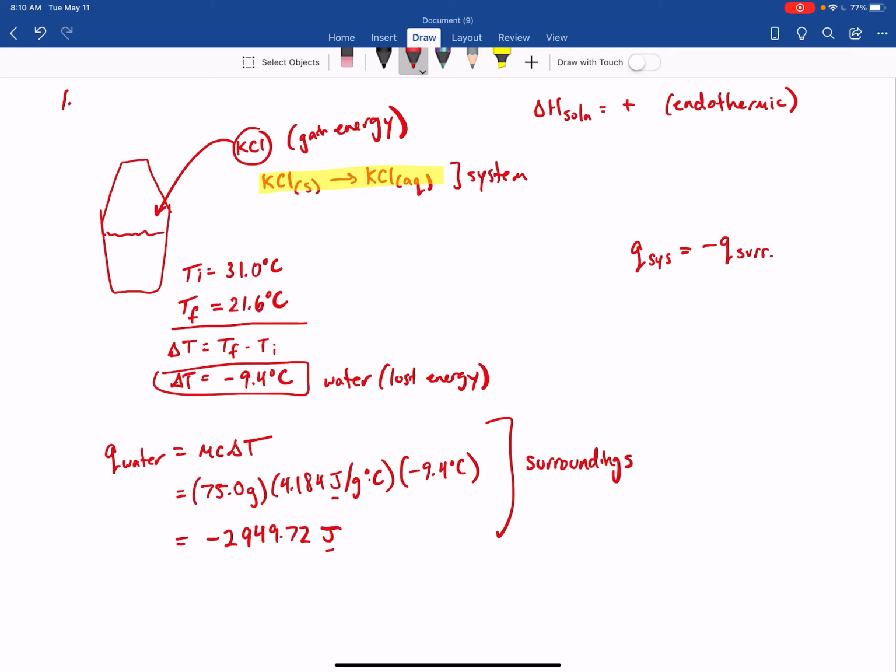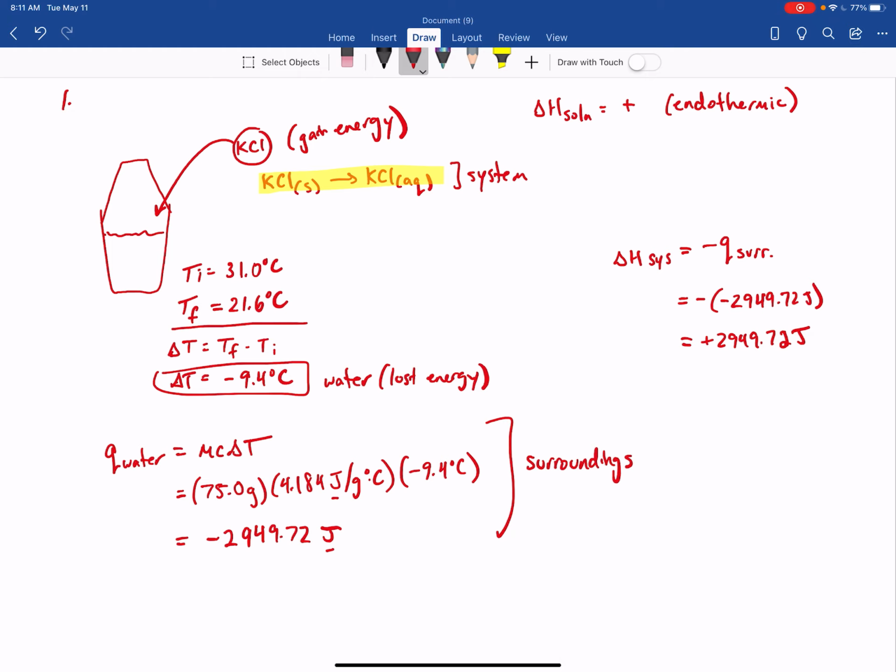Because we're working with a chemical reaction, instead of using Q, we put delta H, and that's really the difference. So delta H is equal to negative Q, which is equal to negative negative 2,949.72 joules, which gives us a positive value. We'll round at the end.